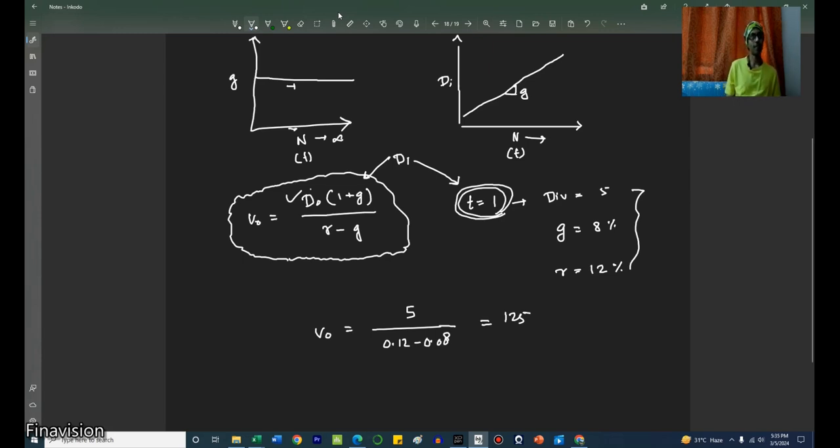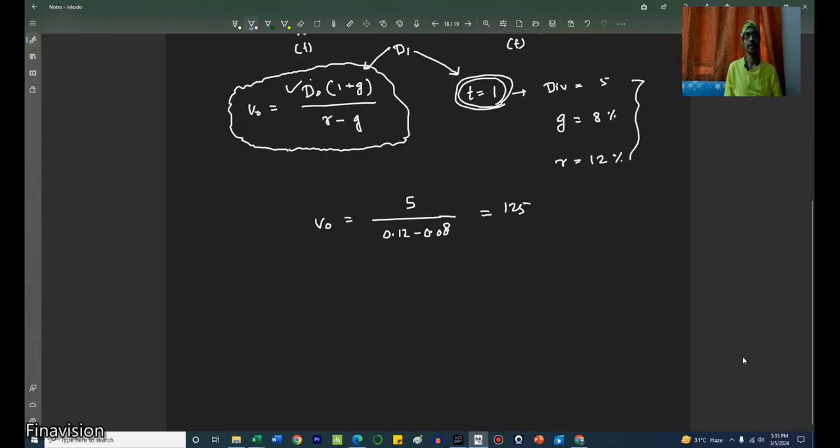Now, if instead of t is equal to 1, we had written t is equal to 0, let's take another example here. Let's say at t is equal to 0, the dividend D0 is $10. The growth rate for perpetuity is 10% and the required rate is 15%. Let's say this is our problem at hand. Now what should we do?